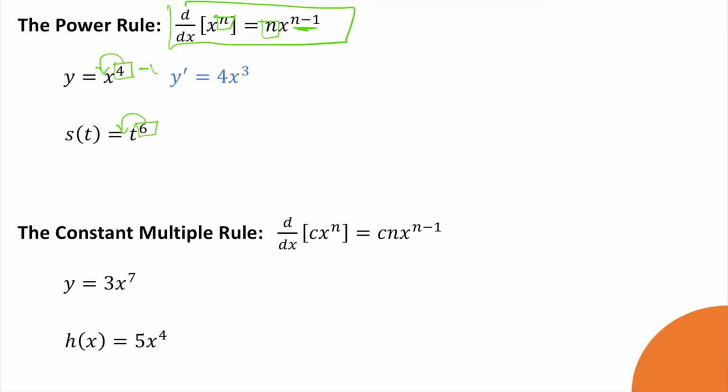Comes forward, subtract 1, 6t to the 5th. Now, if there's a constant hanging out in the front here, that's okay. When you bring the 7 forward, you just multiply it times the constant. So 21x to the 6th and 20x to the 3rd.